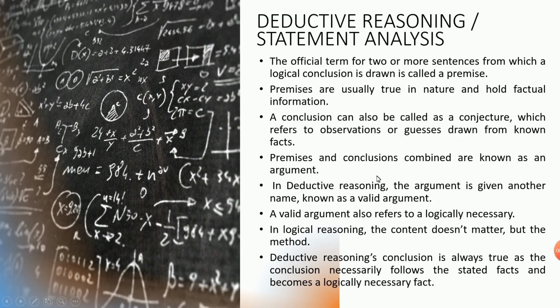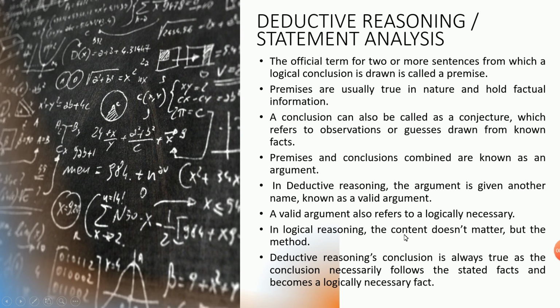Such a person or such an argument would be considered as an answer. In our question pattern, for the valid argument, there might be two or three options, but whichever is most relevant could be called the valid argument. A valid argument also refers to something logically necessary.